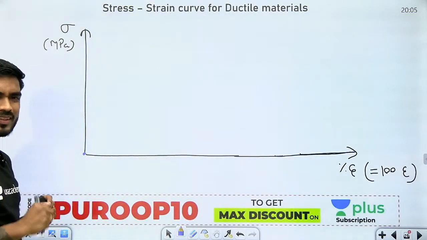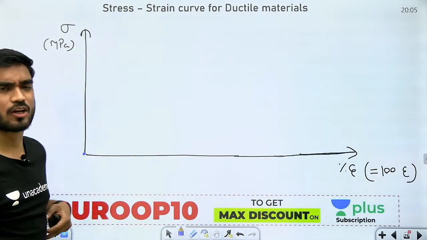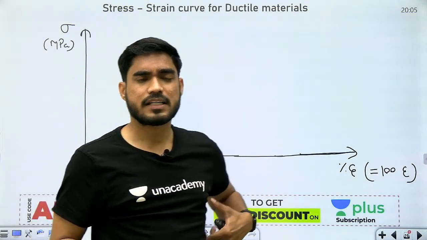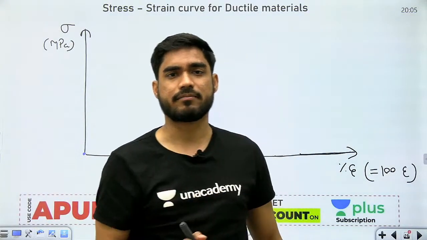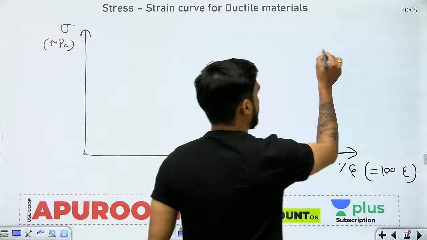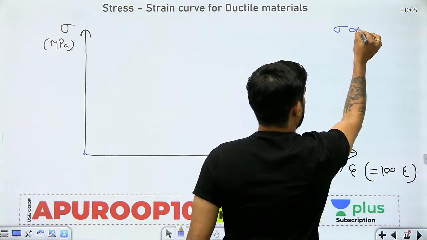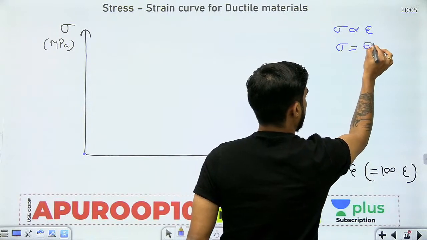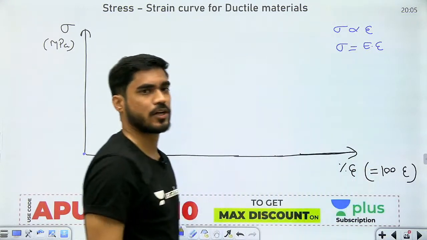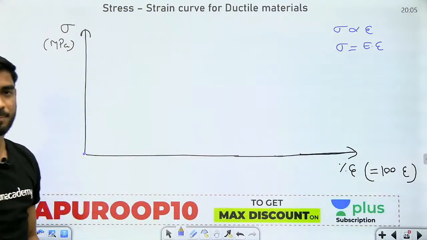Now, as I start increasing the load, initially the stress will be directly proportional to strain, or you can say sigma will be directly proportional to epsilon, or sigma will be equal to E into epsilon by Hooke's law.